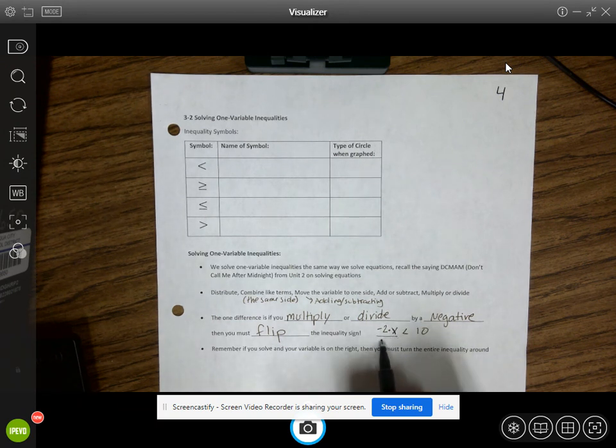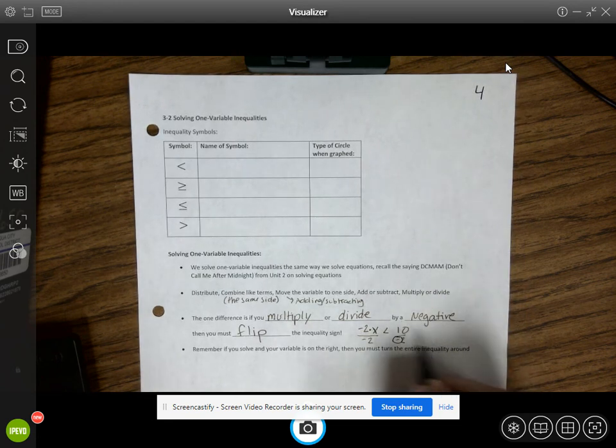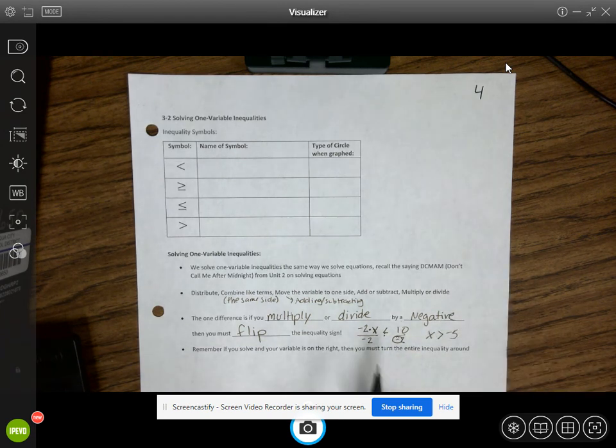I'm going to divide by negative 2 on both sides. Because I'm dividing by a negative, this sign needs to flip. So I'm going to get x, and I'm going to flip this around so it's pointing in the other direction. And then 10 divided by negative 2 is negative 5. If this would have been a positive 2x, you would not have flipped this. But because it's negative, you flip your sign.